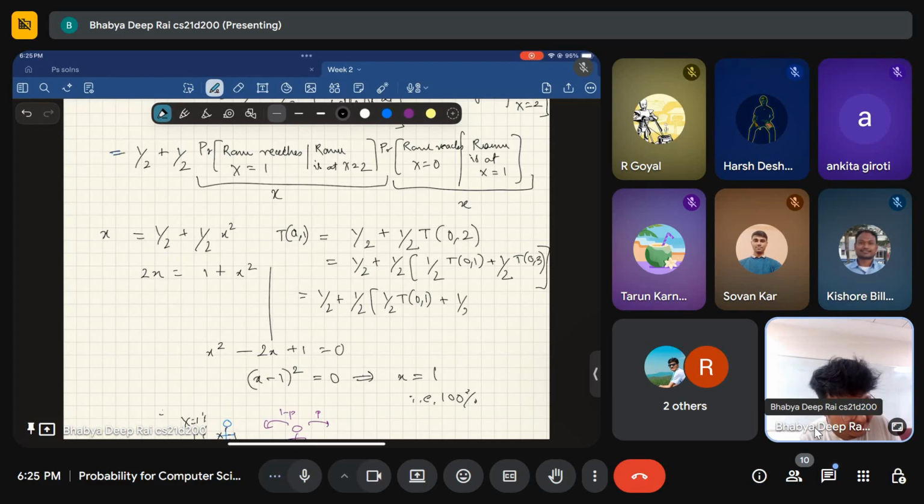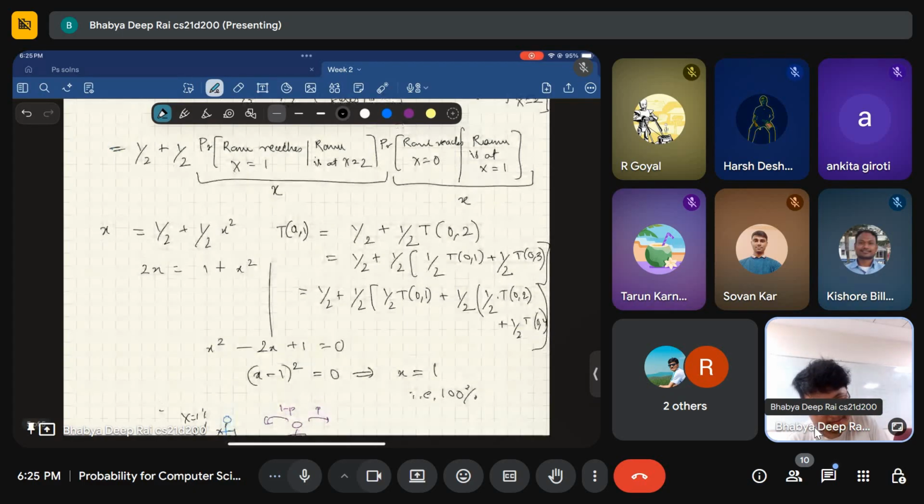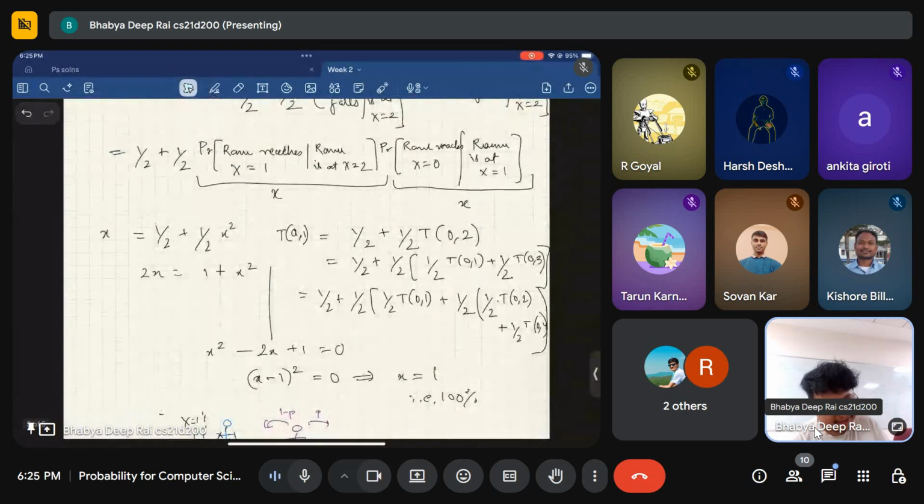Half times moving left, okay, this will not be neat, t of 0 comma 2, plus half times moving right, t of 0 comma 4. You'll get something like this. I don't know whether there is a neater way to do this or not.